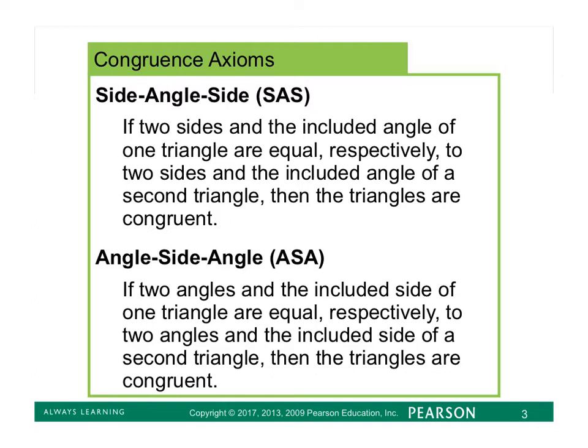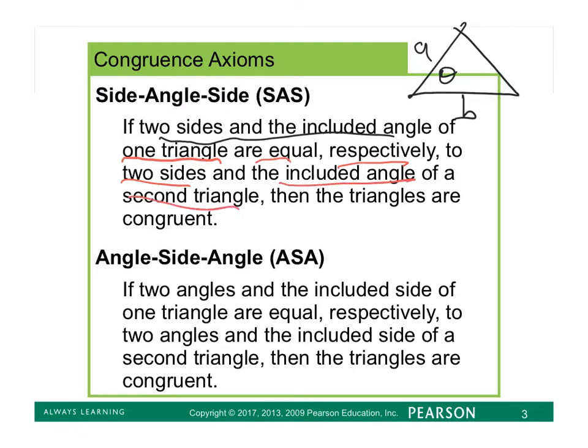Now, in geometry class, you've learned about some congruence axioms. That if two sides and the included angle, that would mean this angle here if you knew these two sides, of one triangle are equal respectively to two sides and the included angle of a second triangle.